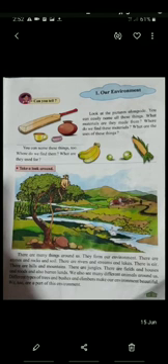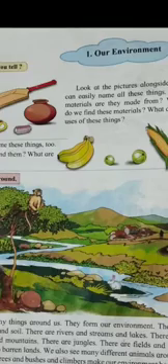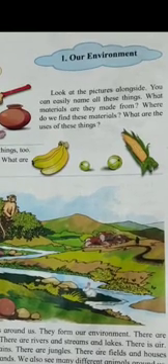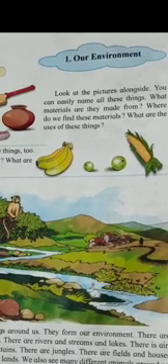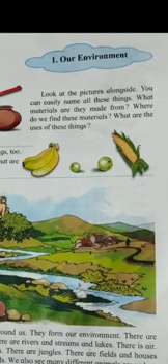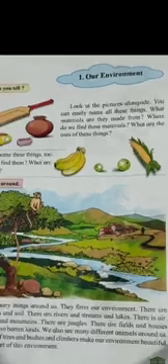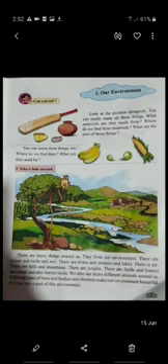Now you can name these things too. You have here in the picture, first picture is of banana. Next picture you have amla. It is not bala, children, it is gooseberry. Gooseberry means amla. And the third picture is of a corn. Now, where do we find them?